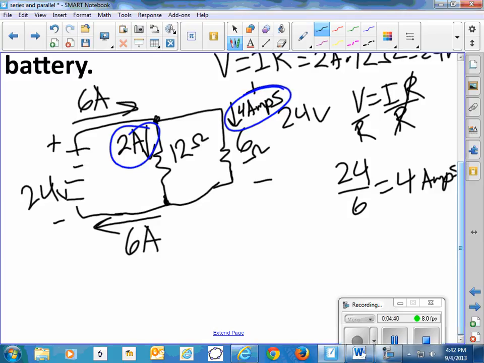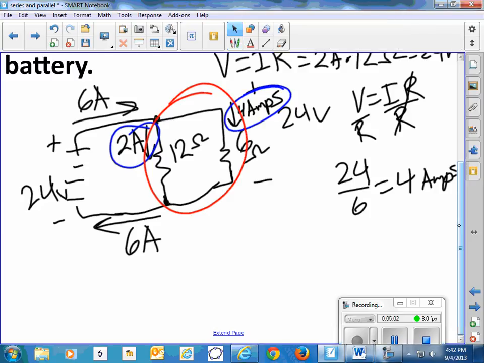So let's see what the current flowing through that battery tells us about those parallel resistors. If we were to try to combine both of those resistors into one equivalent resistor to see what effect the whole circuit has on that battery, we could analyze what it would look like. We know that the voltage is equal to the current times the resistance.